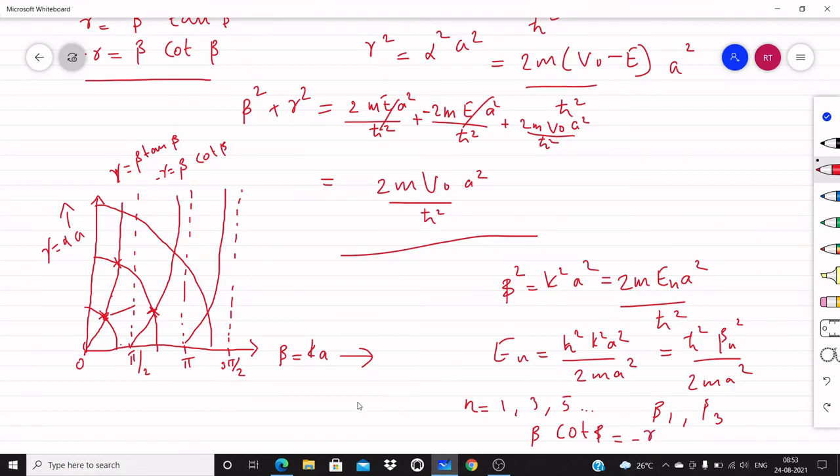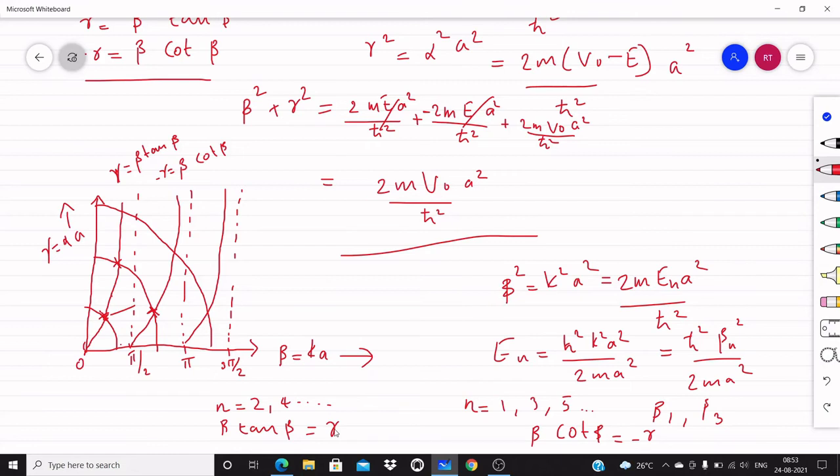And the even terms, that is for n equal to 2, 4, etc., are obtained, and the corresponding energy values are from beta tan beta is equal to gamma.